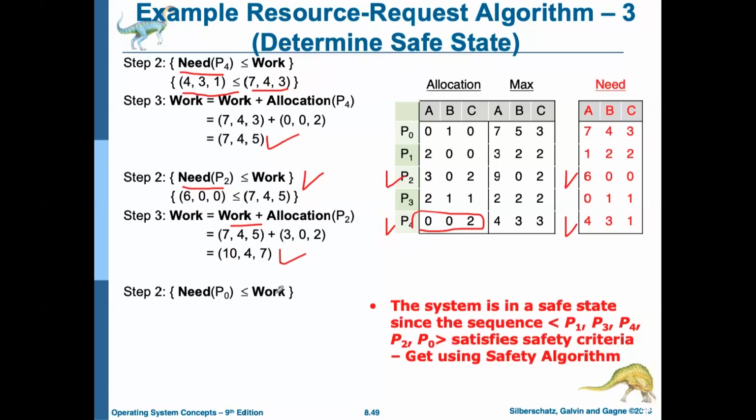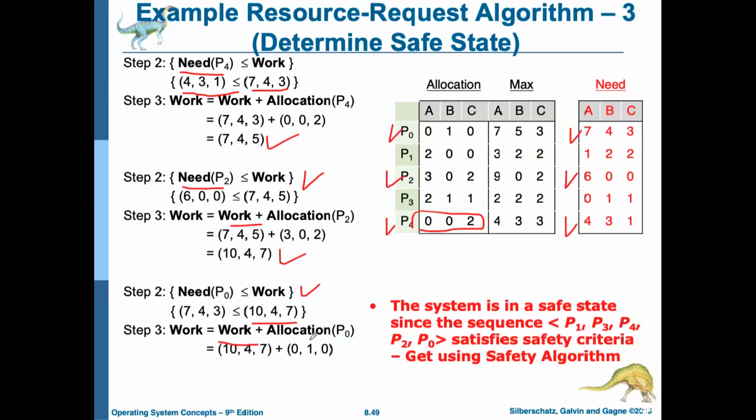Then it goes to P0. Here we check 743 against the work value, 1047. Is it less than or equal? Yes, so we allocate to P0, and after assigning, the work changes to the new value, 1057.